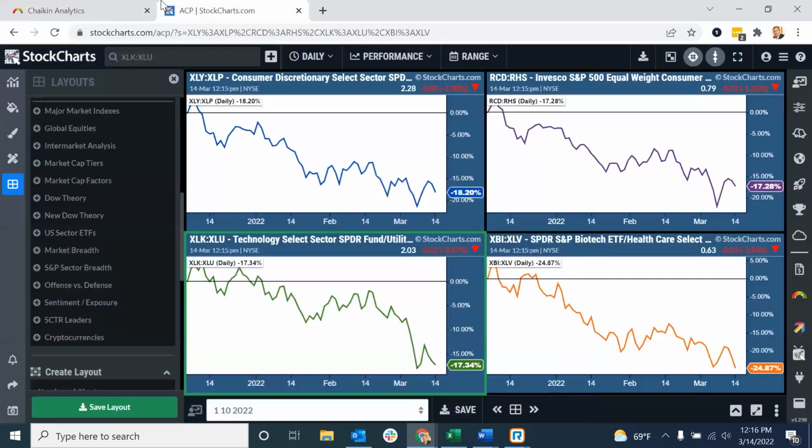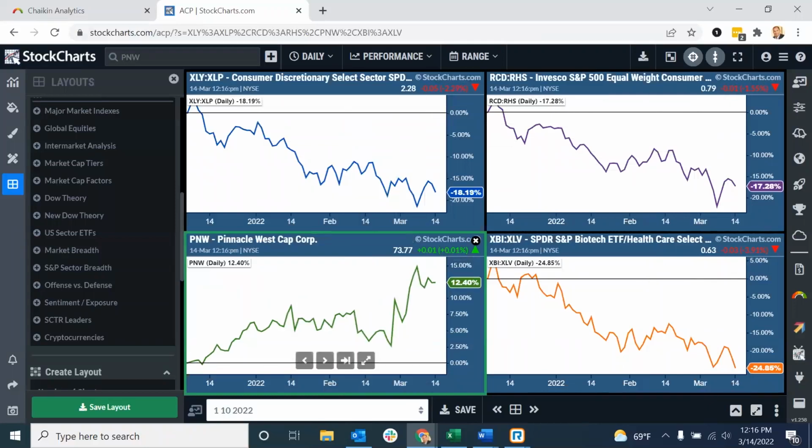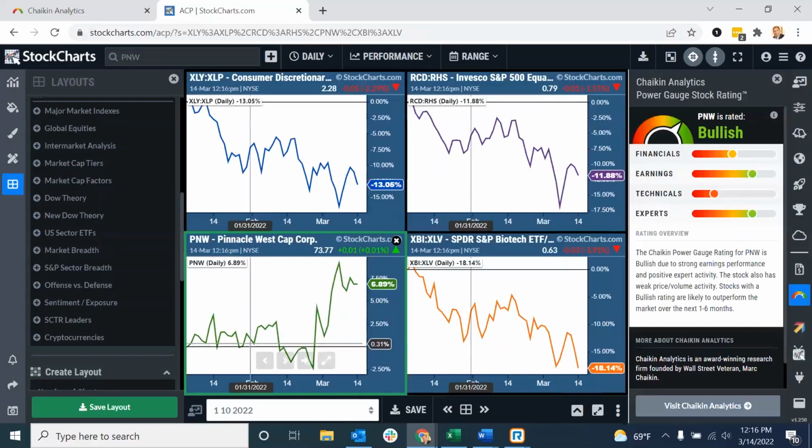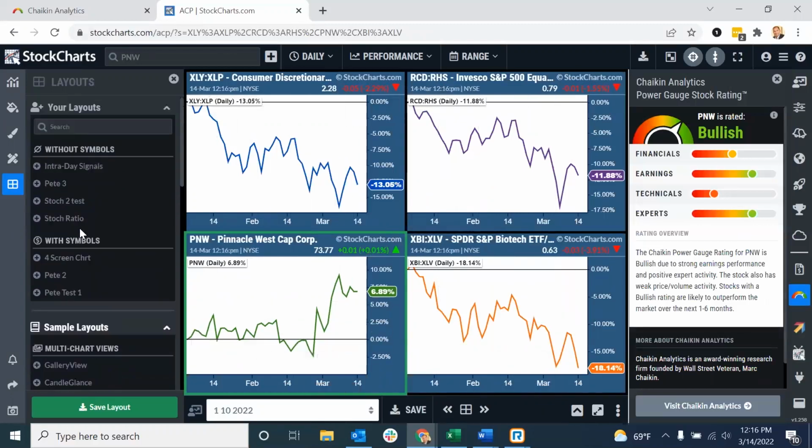So if I pull up PNW, just right here, I can see we've got an interesting setup. And when I pull up the Power Gauge, I know it's bullish and it's bumping around a little bit and we're checking this thing out. So, I love the idea here of being able to look through a lot of different things.